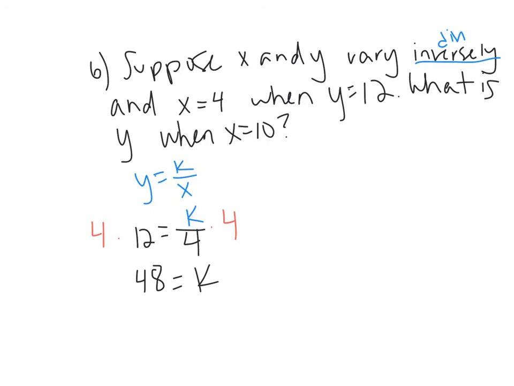Well, let's read the next sentence. I know my constant of variation is 48. What is y when x equals 10? Let's go back to our inverse. If I know that x and y are always inversely related, as the problem told me, I know that y equals k over x. This time, I don't know y, but x is 10, right?